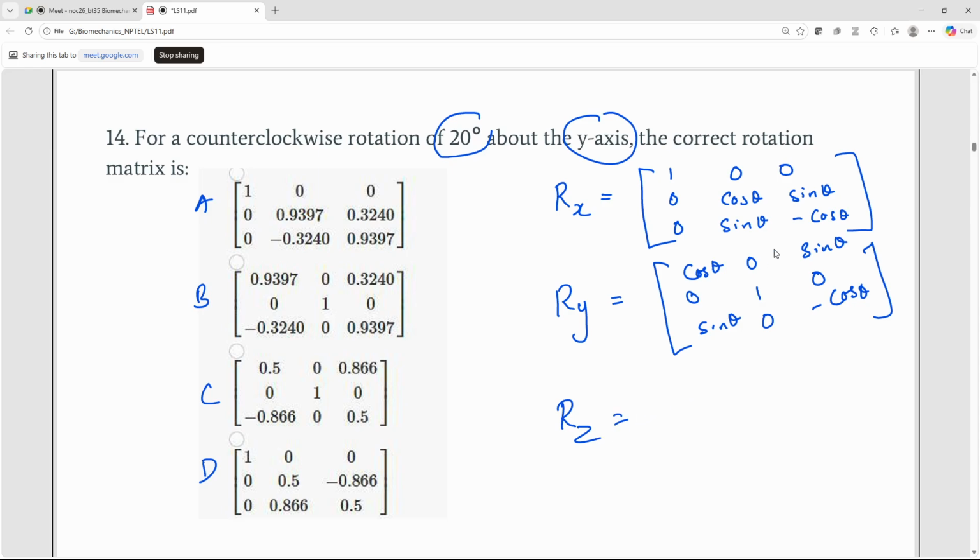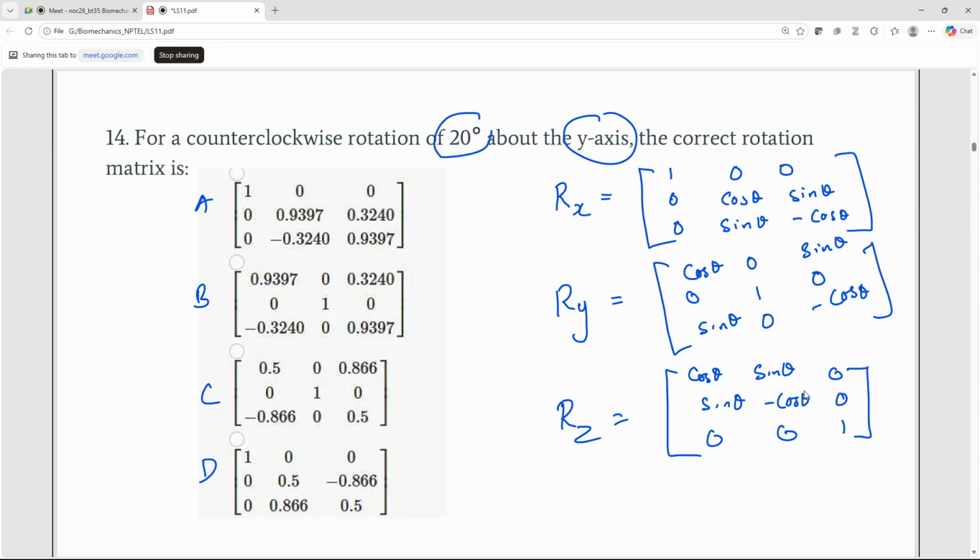Next RZ is equal to, this will shift one down. It's like the last column will be 0 0 1 0 0 and again cos theta, sin theta, sin theta minus cos theta.